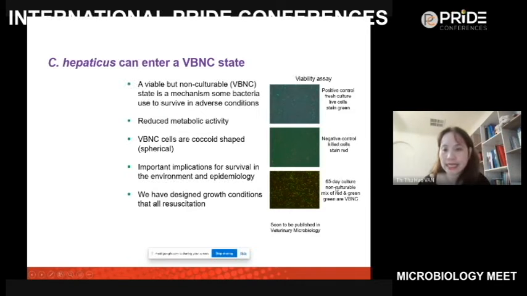You can see here for 65 days, they are still alive. So this can explain why they still survive in the farm, and can be transferred from farm to farm, or even in a very harsh environment. The birds still can have spotty liver disease, but the bacteria in the lab are very hard to grow.